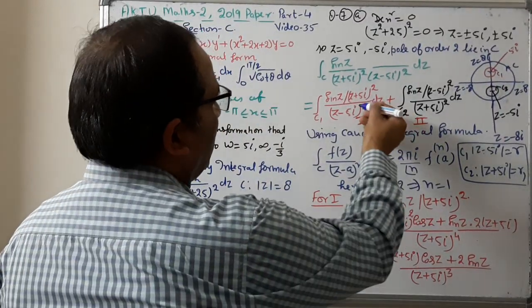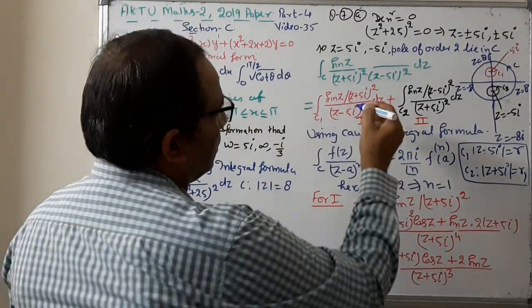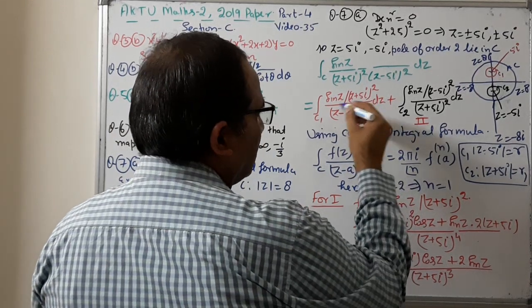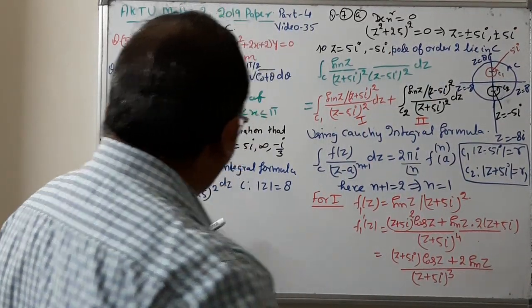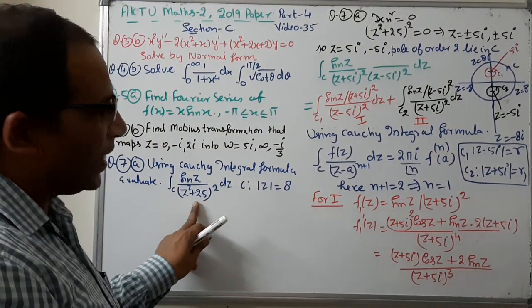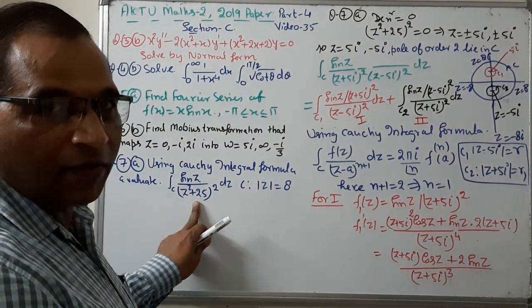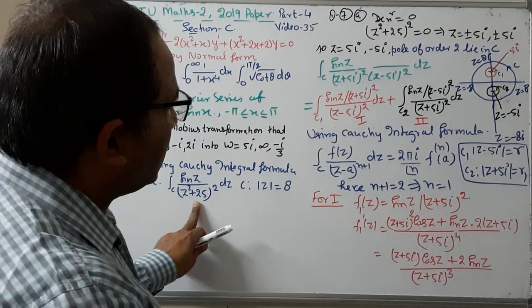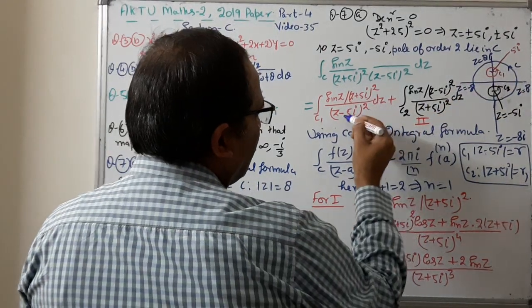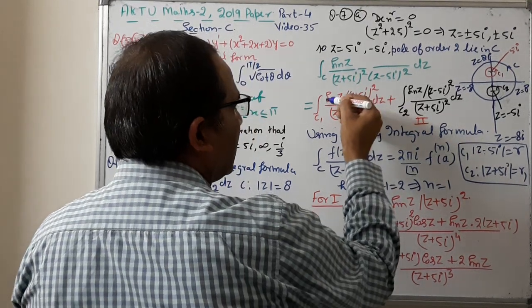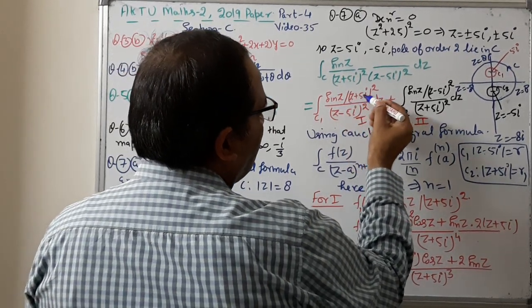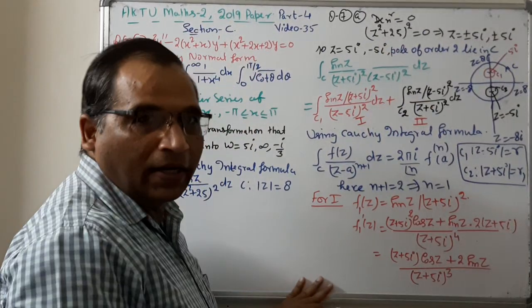How can we write this function? Keep the singularity in the denominator, and the rest in the numerator. Because this is z square plus 25, we write it as (z plus 5i) and (z minus 5i) to the power 2. Because z equal to 5i, put here (z minus 5i) to the power 2 in the denominator, and the rest, that means sin z upon (z plus 5i) to the power 2, in the numerator.